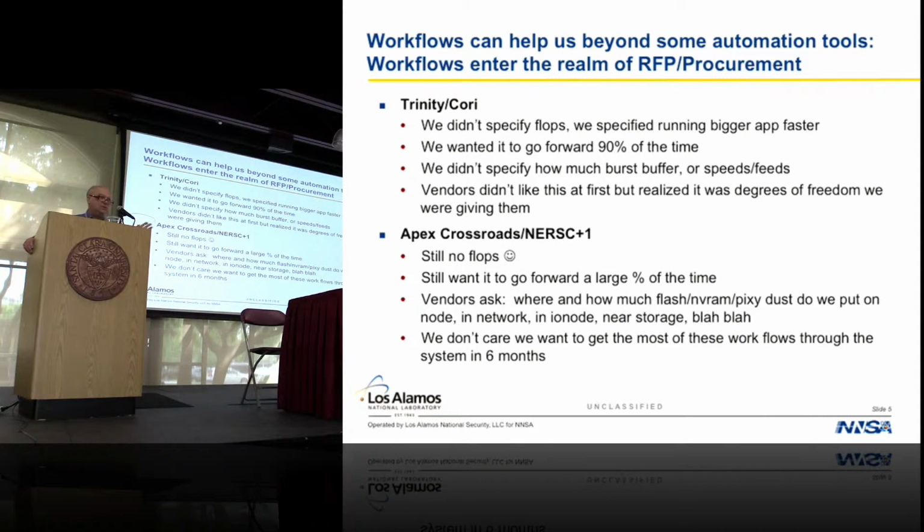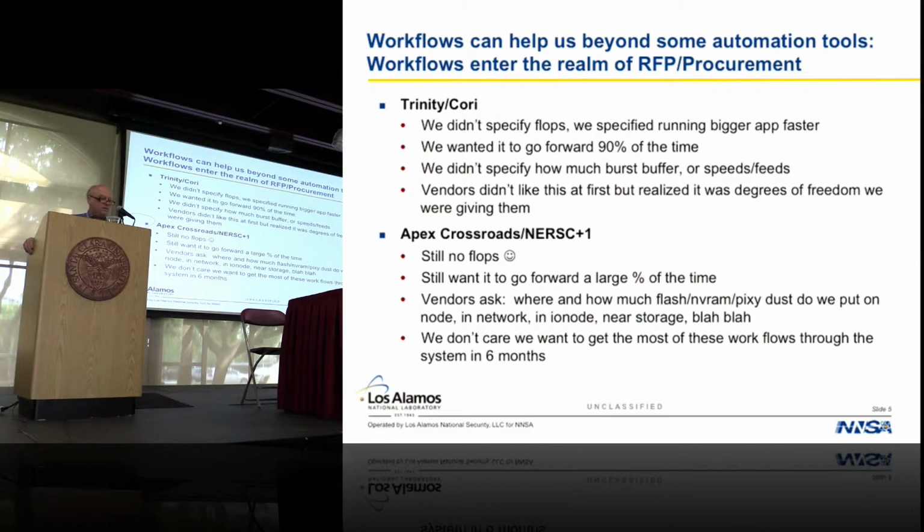If a vendor could build us a machine that wouldn't ever fail, we wouldn't need the storage to do nearly as much as it does now. So we left it to the vendors to decide what to bid; we didn't tell them gigabytes per second and all that sort of stuff. We just said we want the thing to go forward 90% of the time, and they had to bid it that way. And it turned out pretty well, I think.